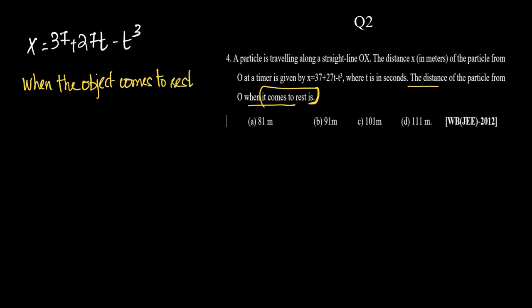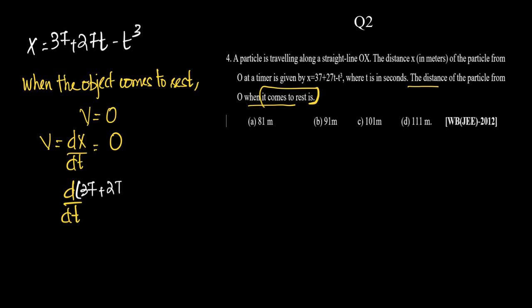The velocity is equal to 0. Now what is velocity? Velocity is d by dt of x, which is equal to 0.